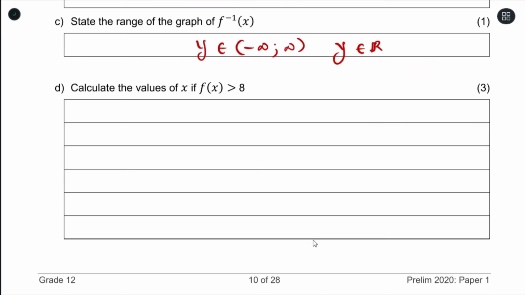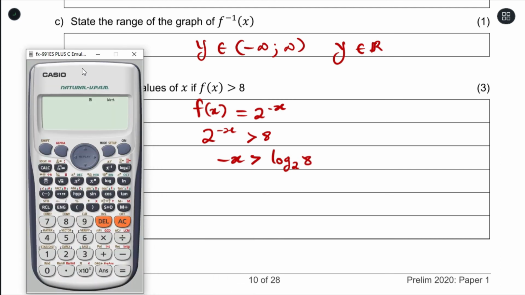Now D says calculate the value of x if f of x is greater than 8. The question tells us that f of x equals 2 to the negative x. Replacing f of x with 2 to the negative x, we can say that that is greater than 8. Simplifying this, we have to use logs, so negative x is greater than the log base 2 of 8.